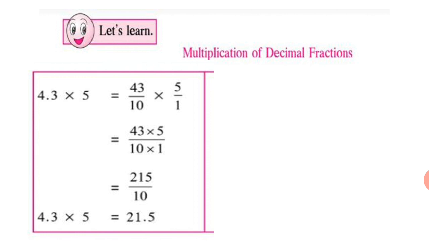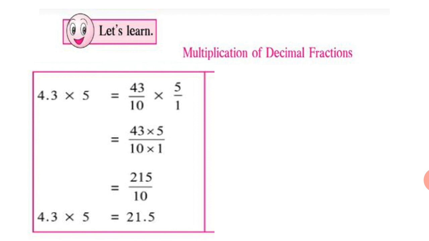And now you multiply the normal way. Numerator into numerator, denominator into denominator. 43 into 5 upon 10 into 1, which is equal to 215 upon 10. Now you convert it into a decimal fraction. 1 0 in the denominator means we count one digit from the right and place a point.